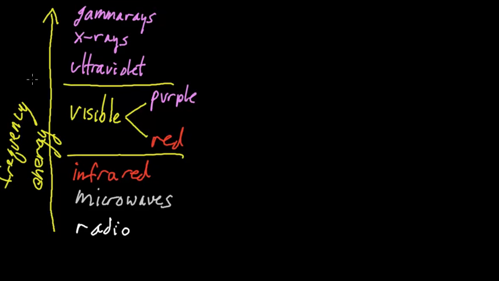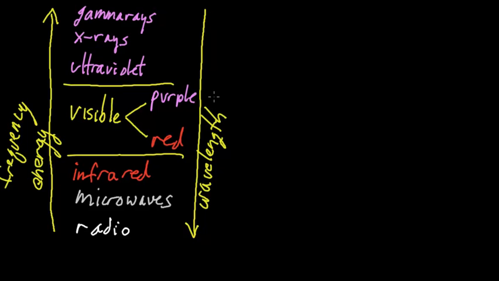So a higher energy light has a higher frequency, which means it wiggles more times up and down per second. Going this way is increasing wavelength. So higher frequency is lower wavelength and vice versa. But I think it's easiest to think of this list really in terms of energy.